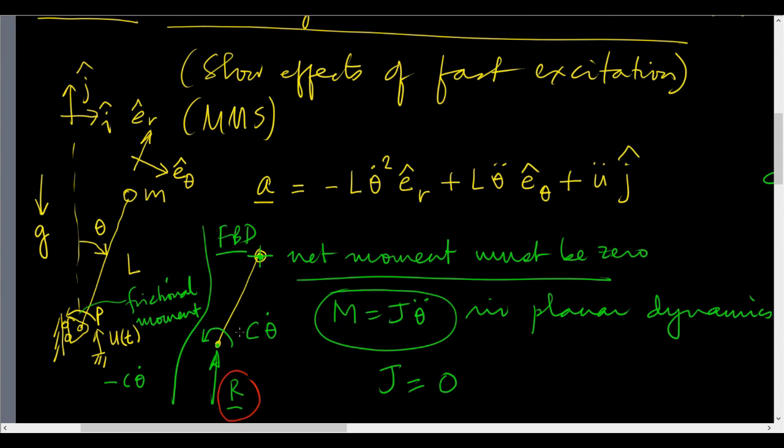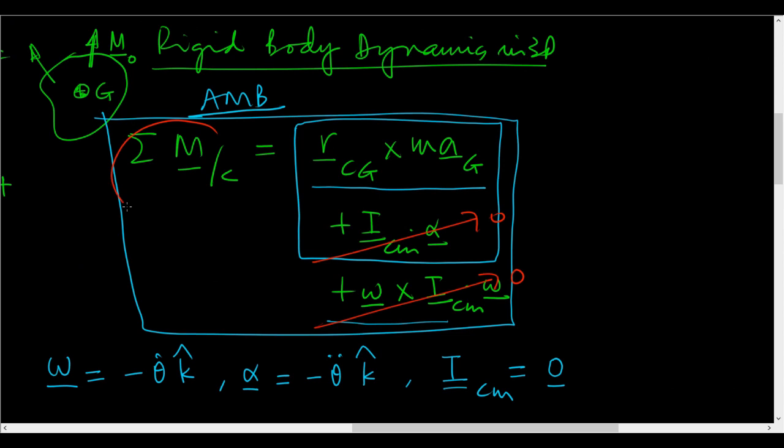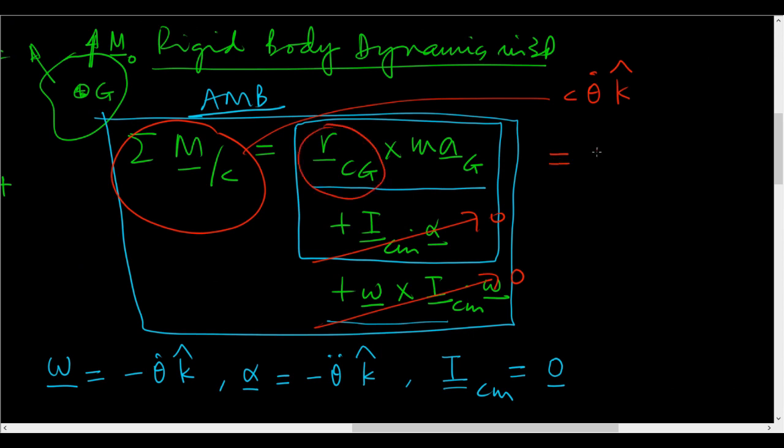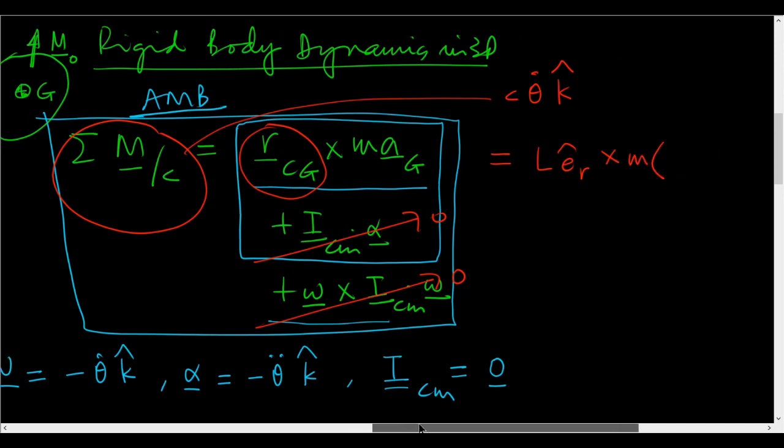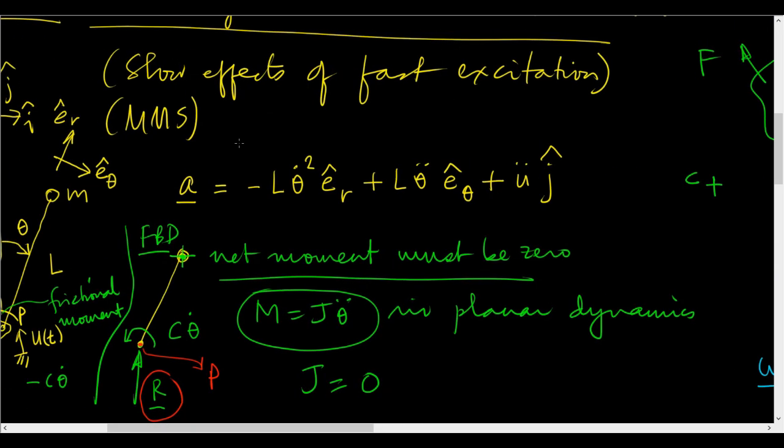The moment about point P, we are taking angular momentum balance about P, so it is c theta dot k. So we come here, this one is c theta dot k is equal to, this one is L e_r, and what this is, you know what that is.